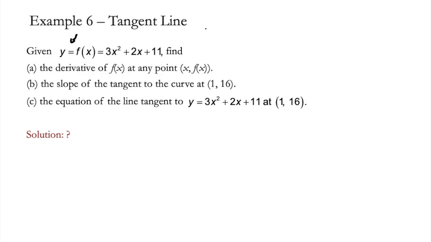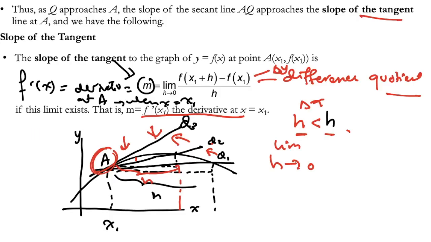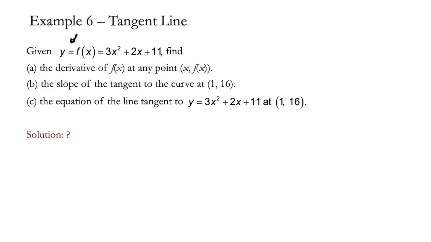Because we haven't studied a specific formula for the derivative, which will be studied shortly, we need to use the limit of the difference quotient to find the derivative. Remember in the previous graph, I used the example to show you that the limit of the difference quotient is actually the derivative of the function at a particular point.